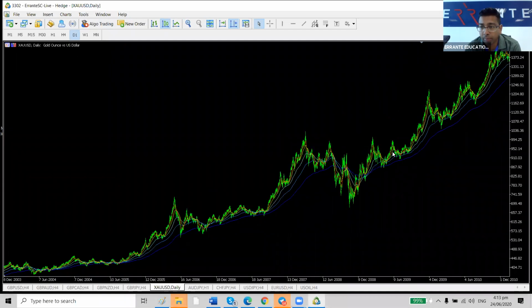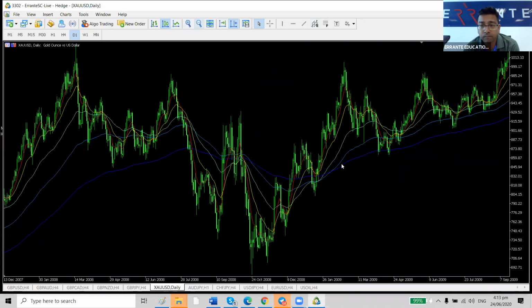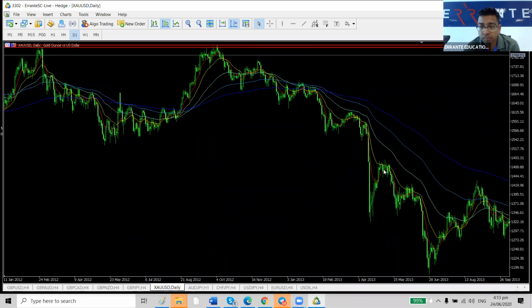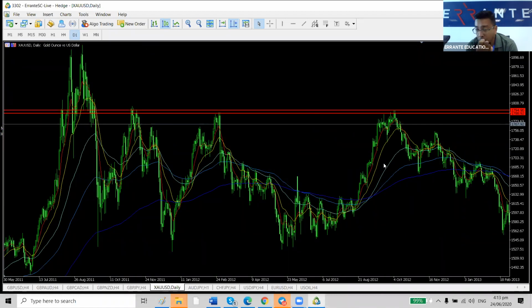All right, it's not going back so much, so we are concentrating on these areas here. All we know is, if for example you're looking at a minimum of three touch points here as resistance, and then you've got a fourth one right here as well, this shows us that this level at 1794.96 is very important as a resistance area.